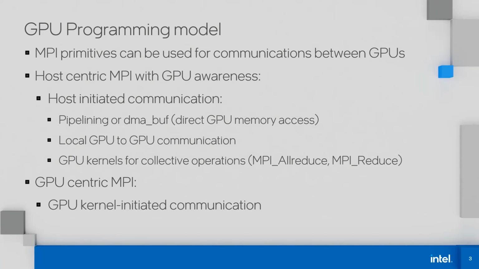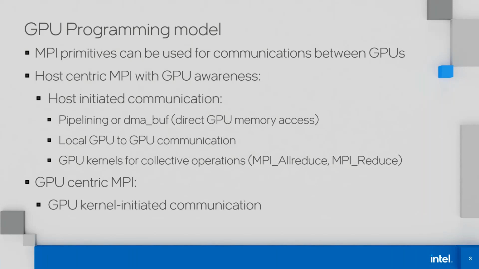Also, it can be some kernels for collective operations. For example, MPI can compute reduction for MPI reduce on the GPU. And all these operations can be initiated from the host.